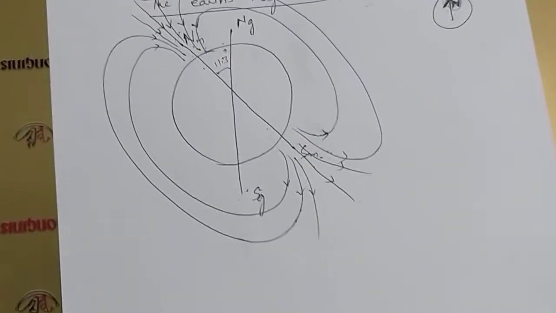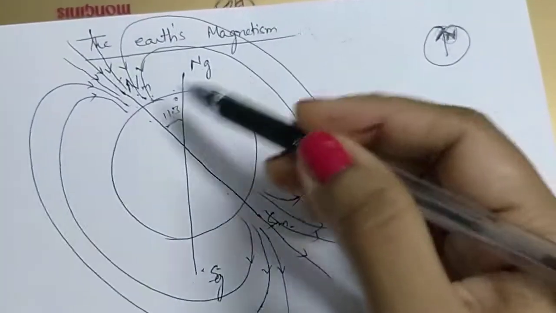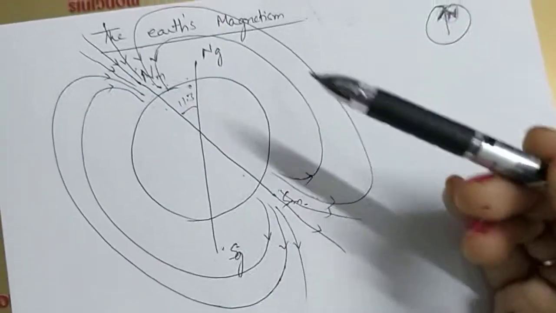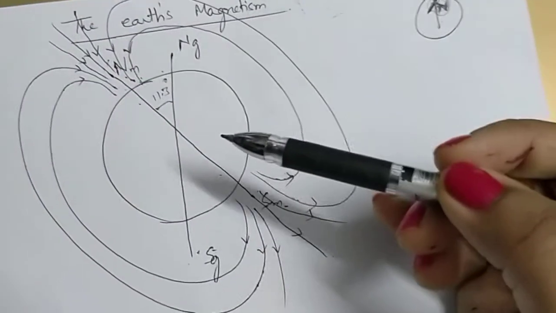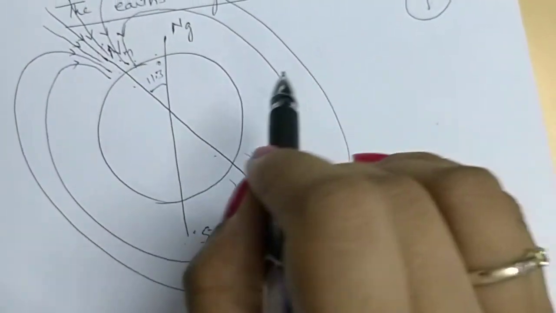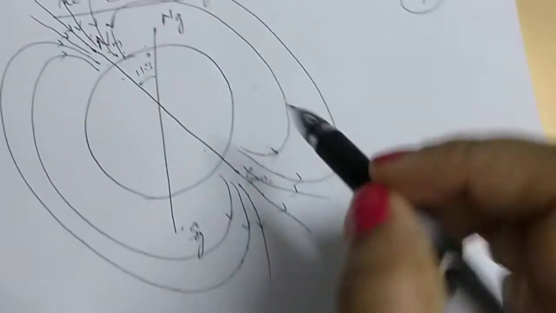Now what exactly is the reason for the magnetic field of the Earth? There are many reasons given by different scientists, but none of them is clear. We don't know which reason is the exact reason for it.